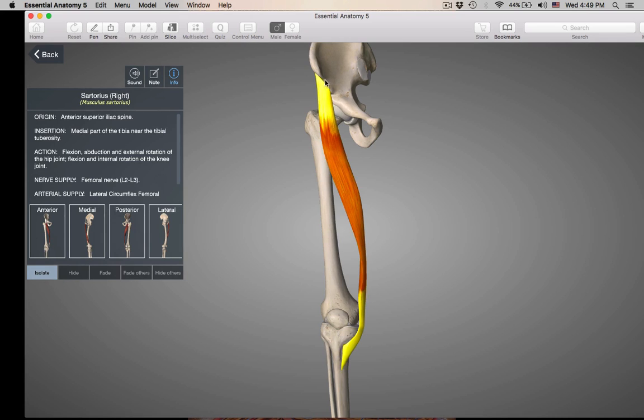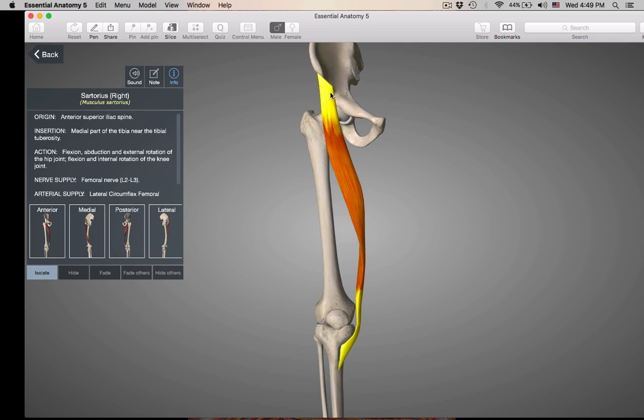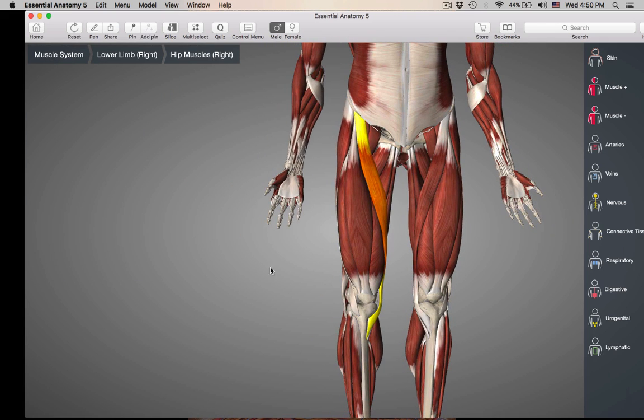So Sartorius crosses the hip joint, and it crosses the knee joint, so it will have action at both of these joints. The hip, I to O, is going to be pulling the hip into flexion, and also bending the knee, which is flexion of the knee. So that is Sartorius.